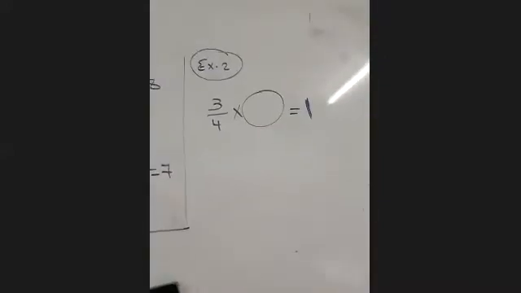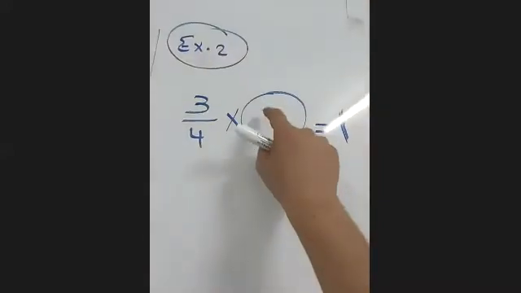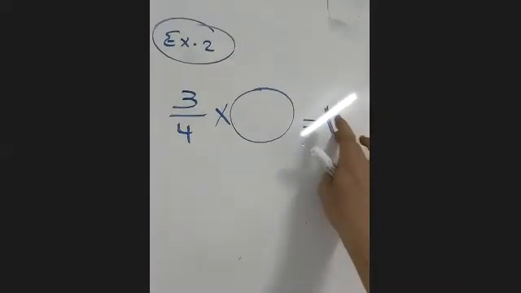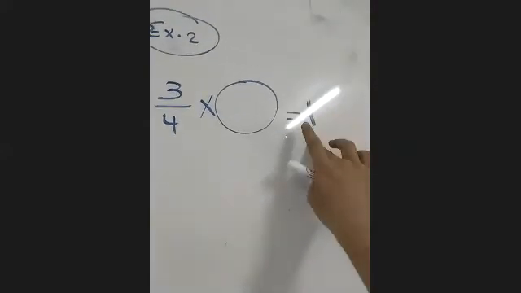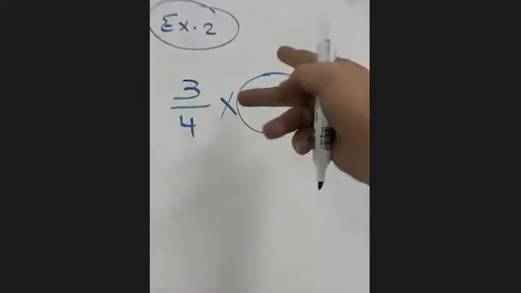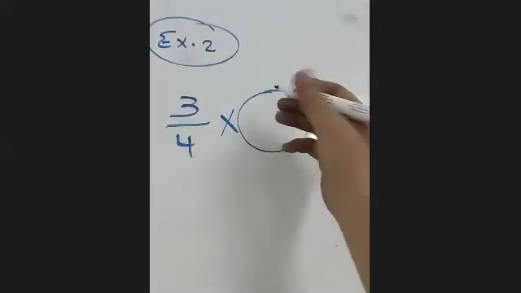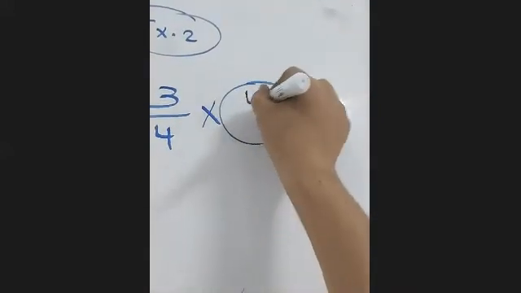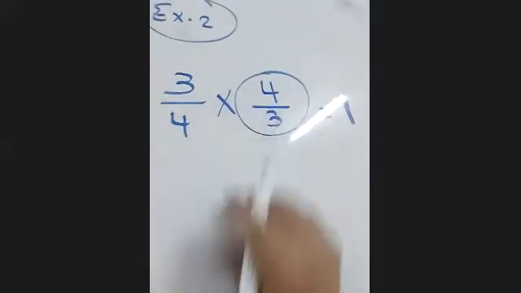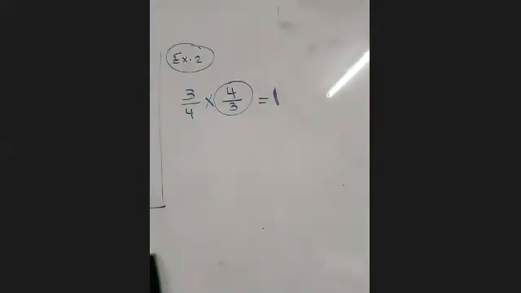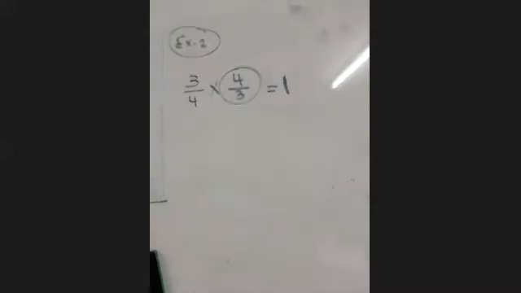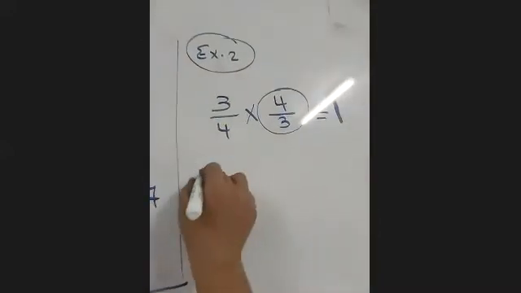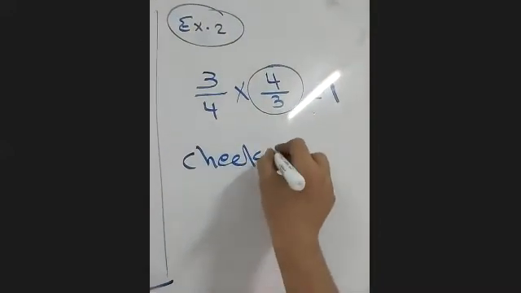So this is the fraction 3 over 4. What do we need to put here to make the final answer of the multiplication 1? As we did here, it's the reciprocal, right? So for 3 over 4, what do we need to put here? 4 over 3. Got it? Now we have checked under this example.